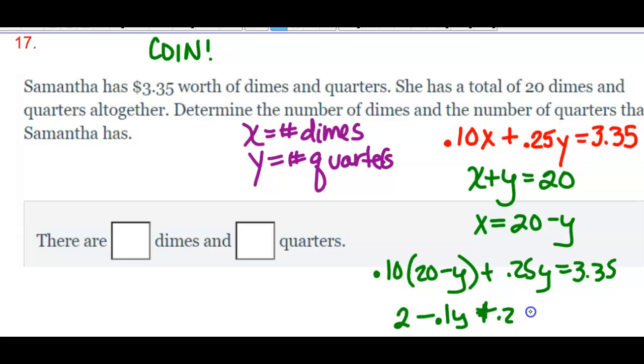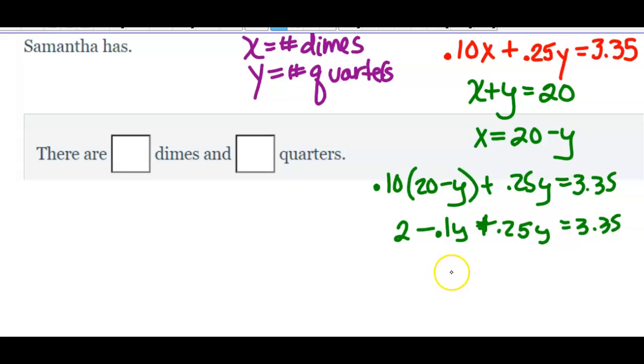Oops. These are coins, so they have to come out nice. Let's see if I combine these. Subtract 2.